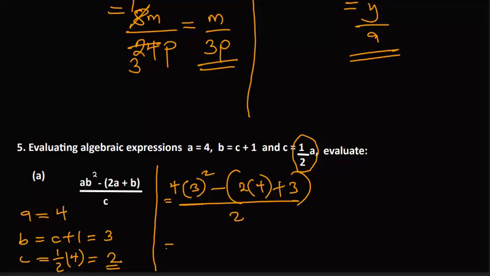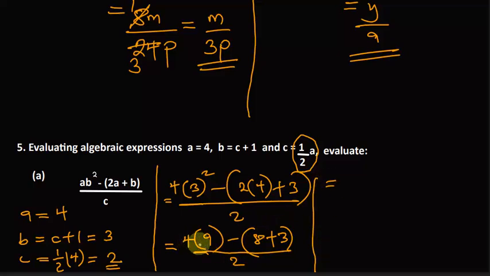Let's solve. We will be having 4 times, let me write everything, 4 times 3 squared is 9. Then minus, we open bracket, 2 times 4. 2 times 4 is 8 plus 3. All this is divided by 2.